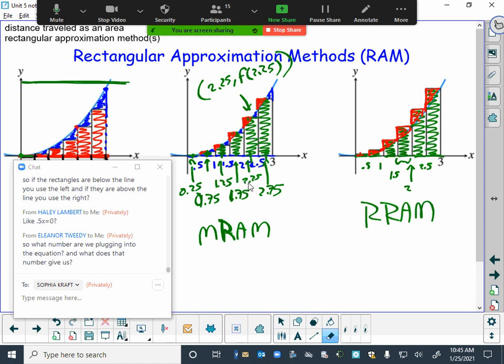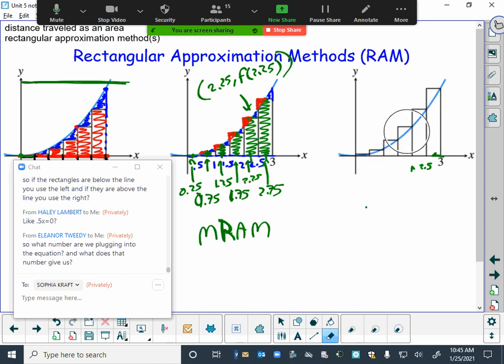Okay. So I'm going to erase some stuff here. If I was focusing on this interval, from 1 to 1.5, it would not make any sense for me to make that rectangle this tall, because of the part of the curve going through here.